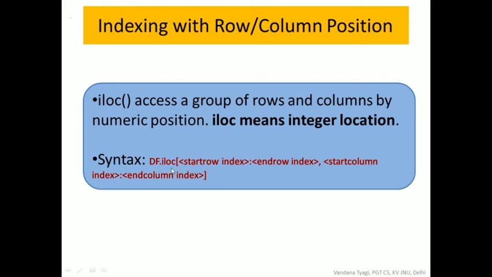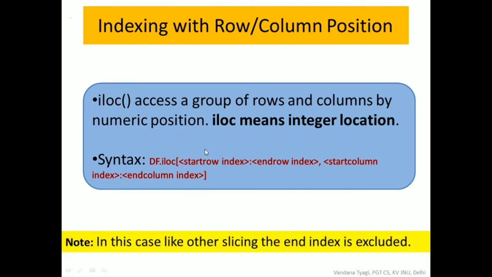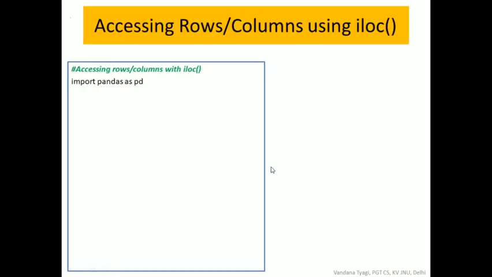The syntax is similar to LOC only. We are having the row indexes first and then the column indexes, and that is to be passed as a list here. Now in this case the end index is excluded. Here again we are on our normal Python slicing concept, that the last value of the slicing is not included. Let's see the programming example here.